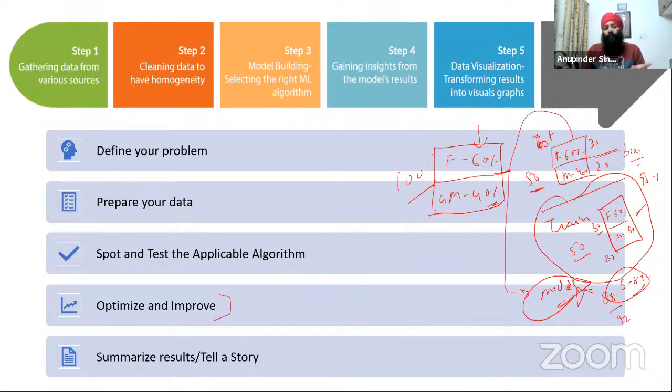We will be discussing each individual type of activity followed during these steps: how we spot the algorithms, which algorithm is applicable, what changes are required in the applicable model, what sort of visualization libraries there are, what kind of visualization diagrams should be displayed, and how you should analyze all those visualizations.